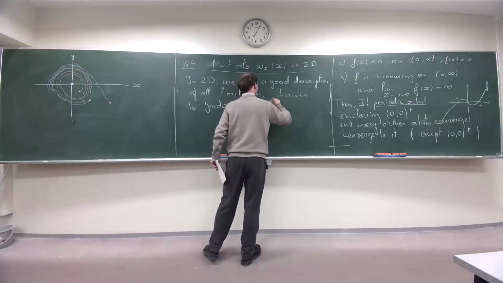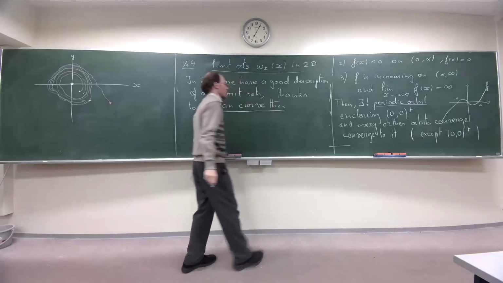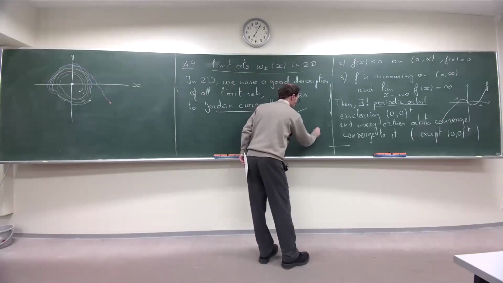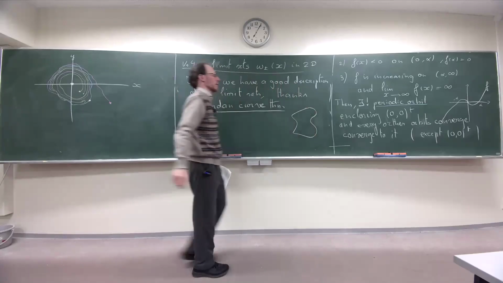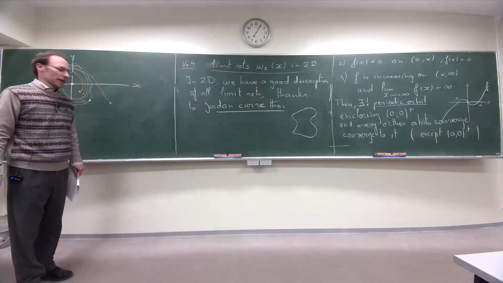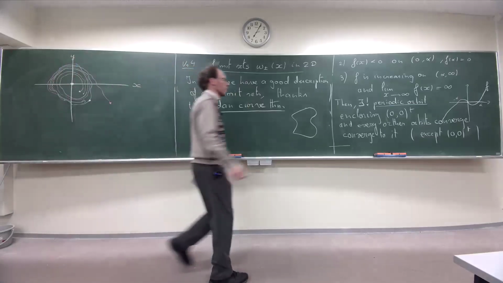I already mentioned it last week. And in fact, you are all familiar with it. If you draw any closed curve which does not intersect itself, it defines two regions of R2.